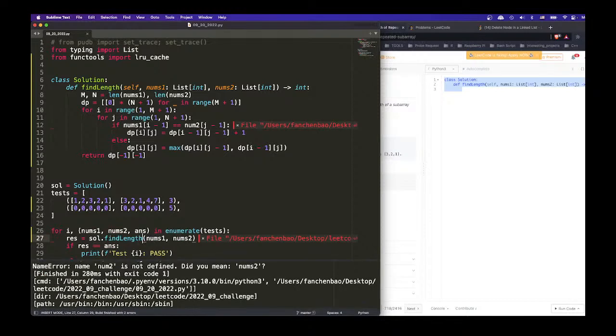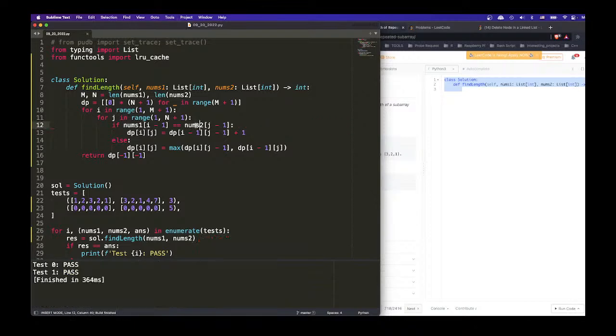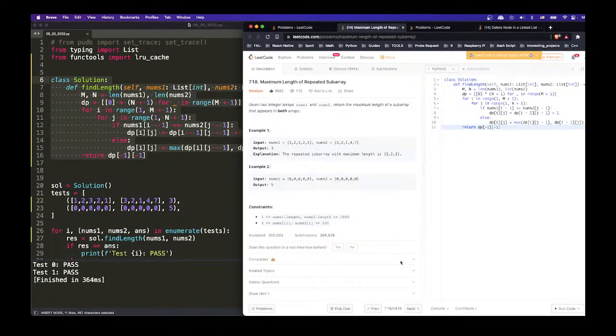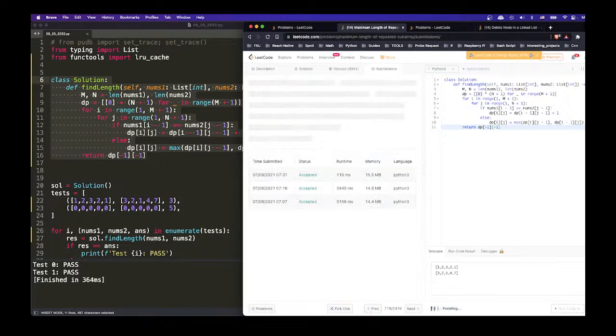Find length. Num2 is not defined. That's nums2. Alright, I'll just submit it and see how it goes.